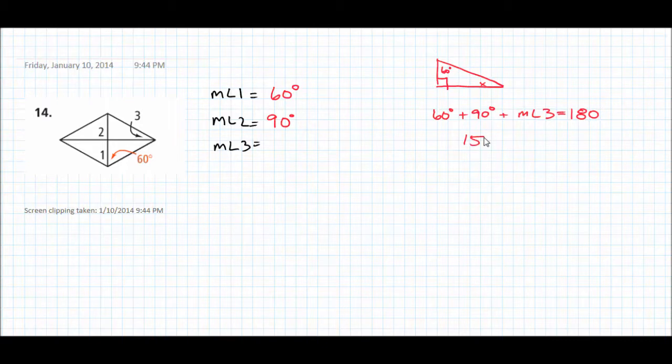So that'd be 150 plus the measure of angle 3 equals 180. Subtract 150 from each side, so the measure of angle 3 should be 30. So the measure of angle 1 is 60 degrees, the measure of angle 2 is 90, and the measure of angle 3 is 30.